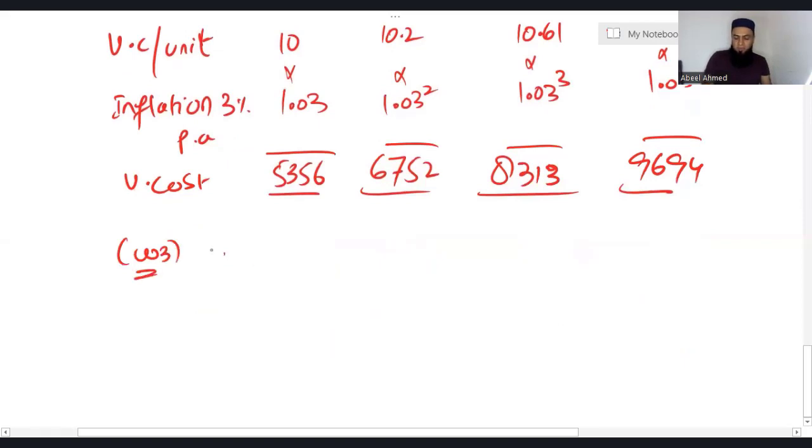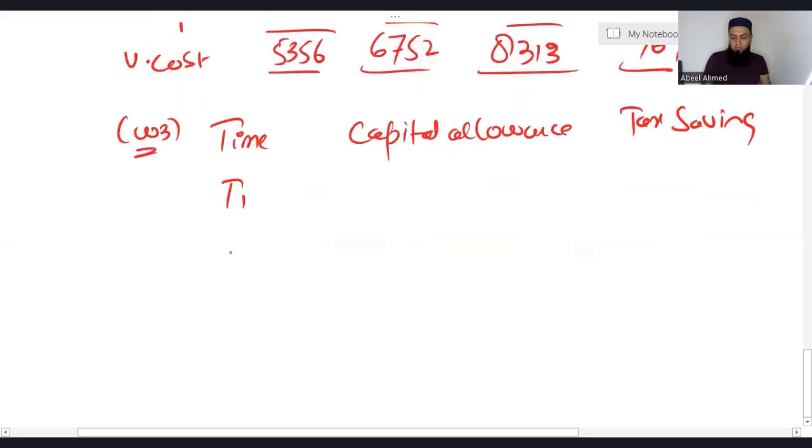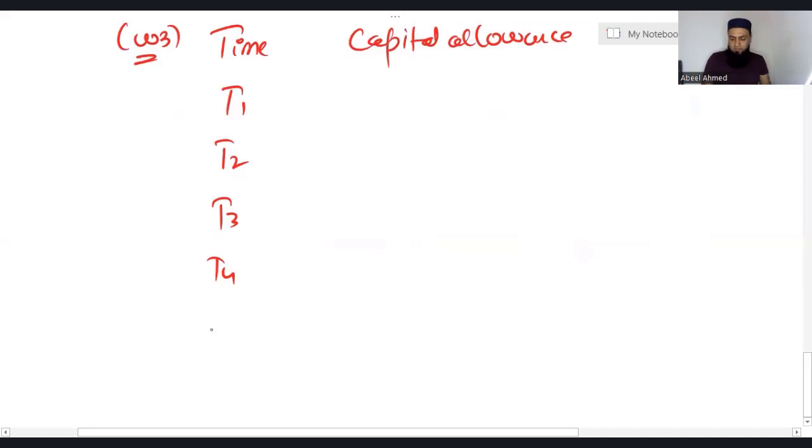Tax saving from capital allowances. Capital allowance, another name is tax depreciation. Tax savings: project life is 4 years, but the impact goes till 5 because tax is paid with a delay of 1 year. We have ignored 3 zeros.